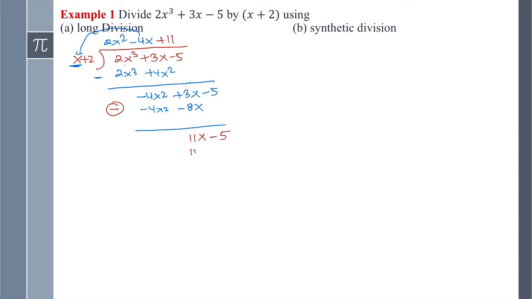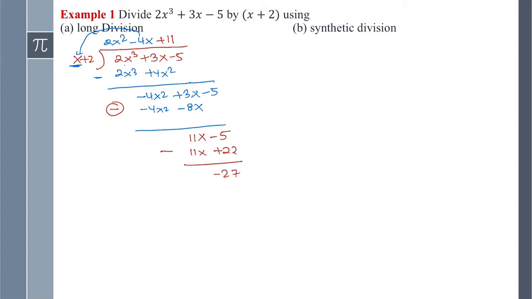So we get 11x, and then when we multiply 11 times 2, we get plus 22. Now when you subtract, 11x minus 11x is 0. So negative 5 minus 22 is negative 27.